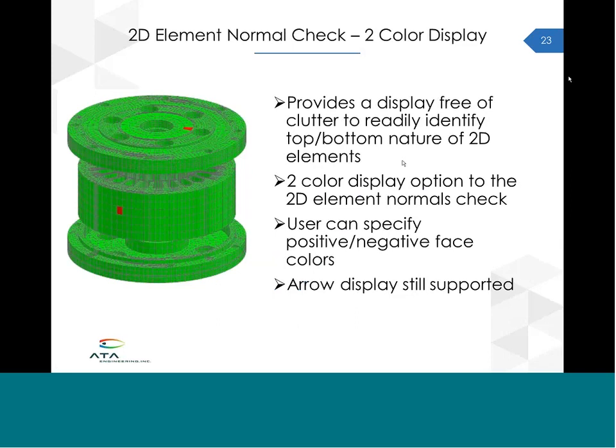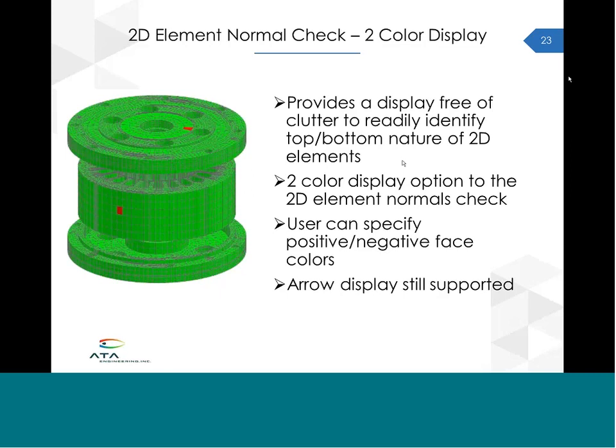You could zoom in and identify the arrows locally, but at that point you could only look at a handful of elements at a time, and it was really difficult to visually scan the entire model and look for spurious element normal directions.